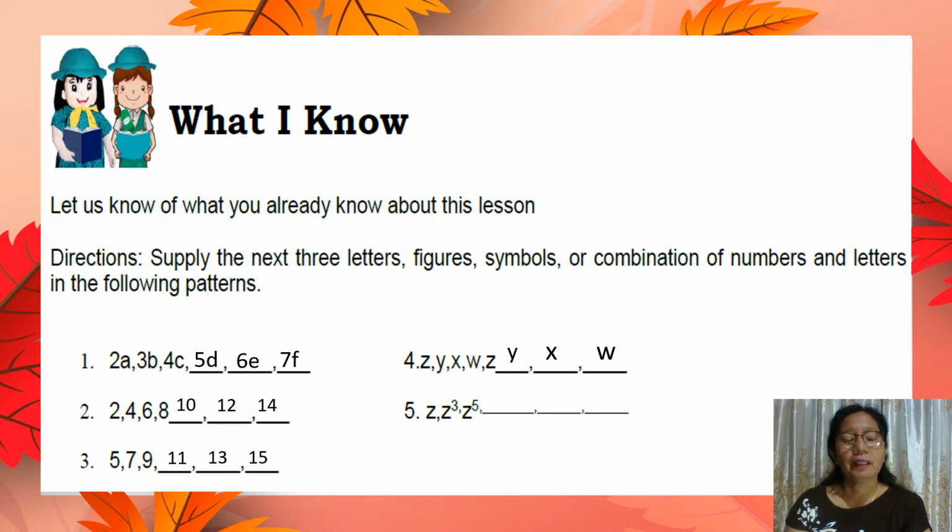So the exponents are in ascending order and increased by 2. 1 plus 2 is 3, 3 plus 2 is 5, 5 plus 2 is 7, 7 plus 2 is 9, and 9 plus 2 is 11. So the bases are all the same as Z.